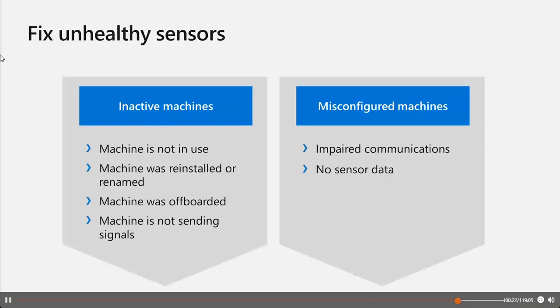A misconfigured machine has impaired communications, or no sensor data, or is blocked for any other reason. So as I mentioned before in the slide about the signals and the sensors, fix these unhealthy sensors to provide you the correct data you need.